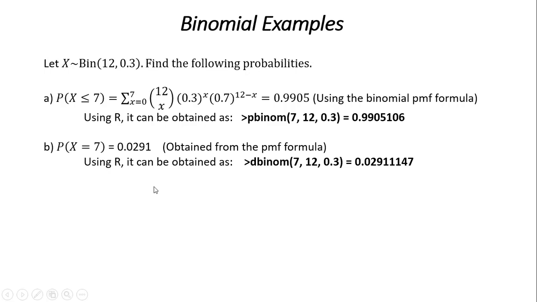If we want to calculate this using R, we now use dbinom(7, 12, 0.3). It looks almost exactly the same as what we had above. The difference is just in the first letter, and this works out to 0.02911147.